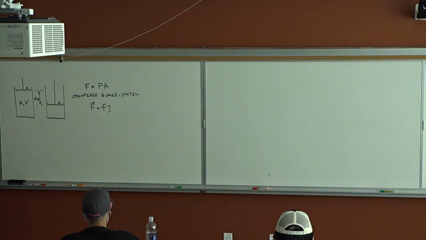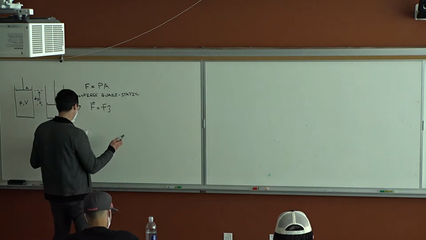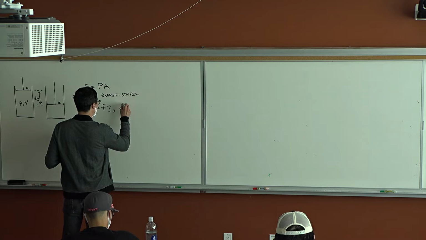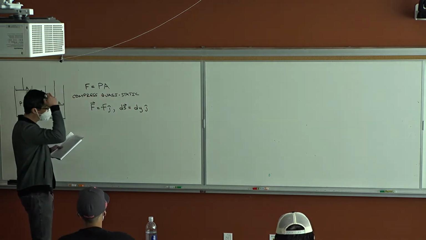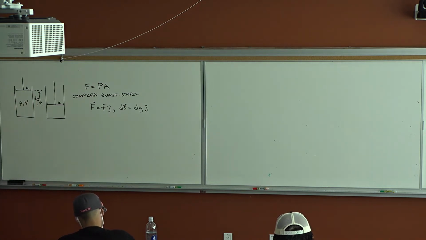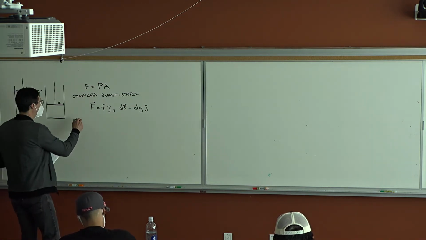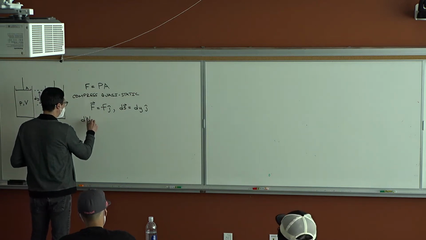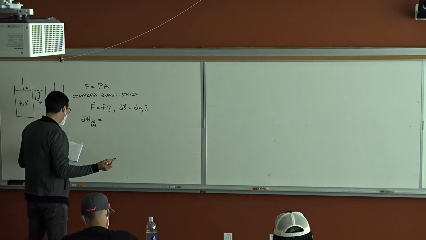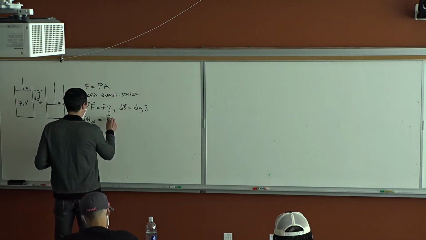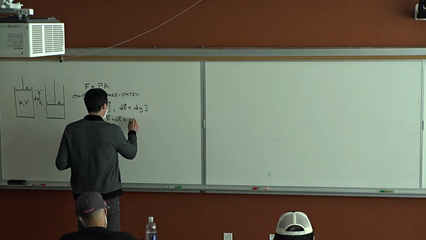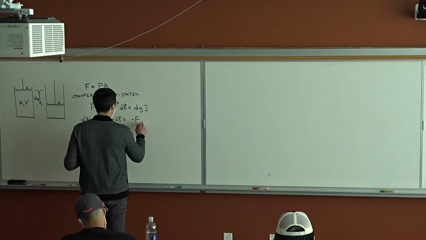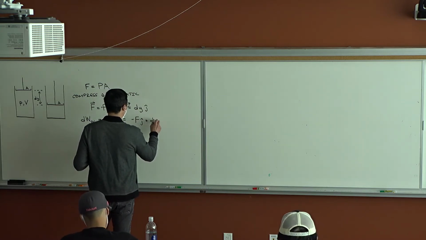So in that case, our work done on the gas, or at least an incremental bit of work done on the gas, is going to go as F dotted with ds, is going to go as minus F j hat dotted with dy.